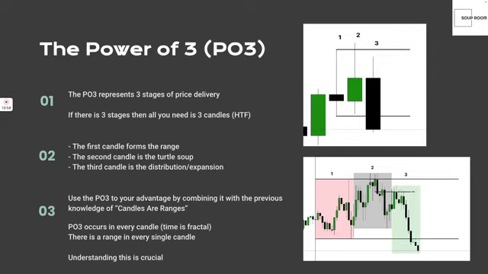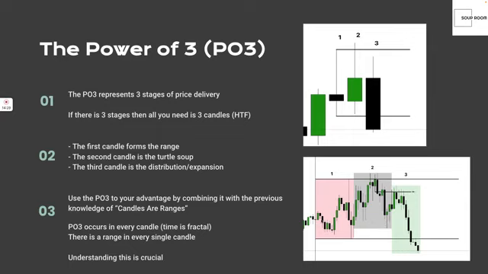Focus here for a second. This image right above with the 3 candles is the higher time frame. The image below is the lower time frame. As I've mentioned, power of 3 occurs in every single candle.